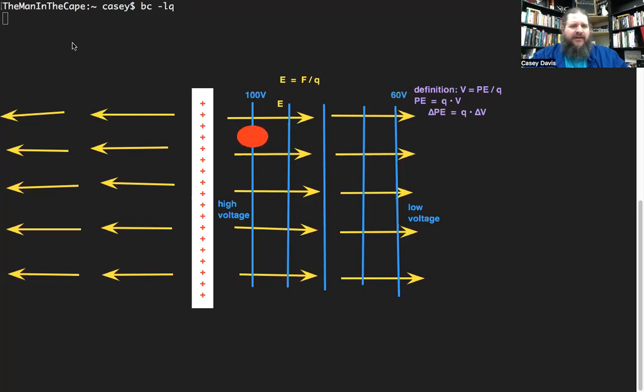Let's say this charged object is positive 3 coulombs. So if we got a positive 3 coulomb object, and then let's say we move it to a new location, let's say down here. So that's the new location of the object. That's going to involve a change in energy. And how could we calculate how much the energy changes?